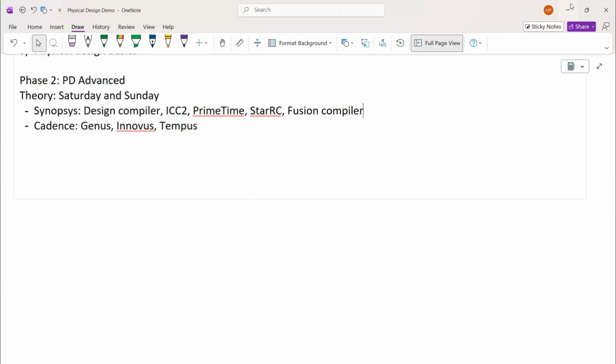If you ask me how much experience, you will be able to do full synthesis and PNR. You will get your fundamentals really clear. You will be able to fix timing issues in STA, and your STA fundamentals will be cleared. I can assure you that you will be able to do full PNR.